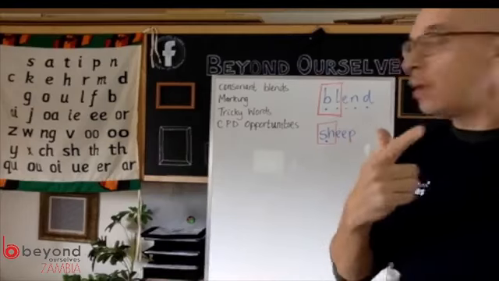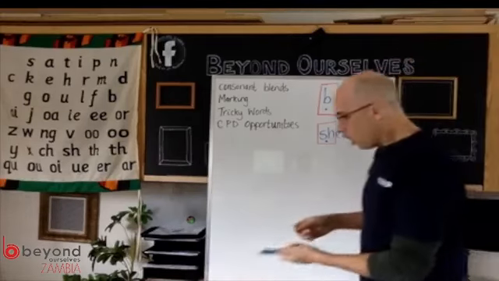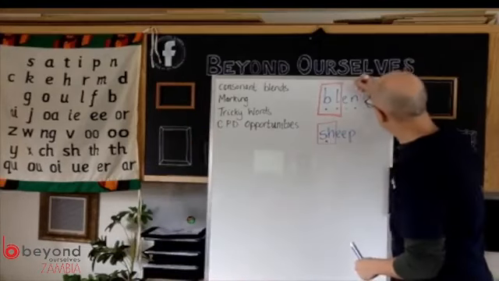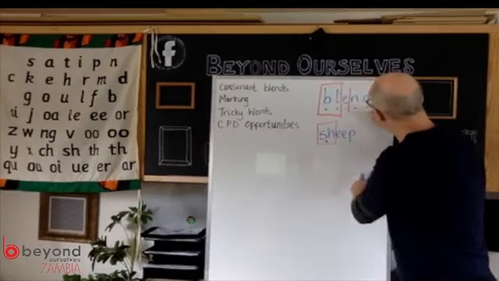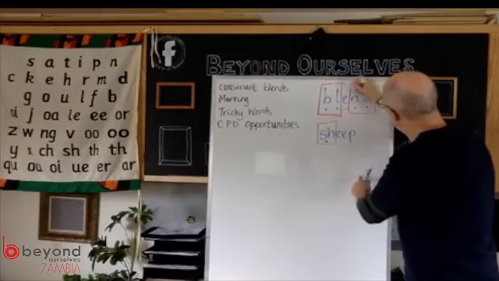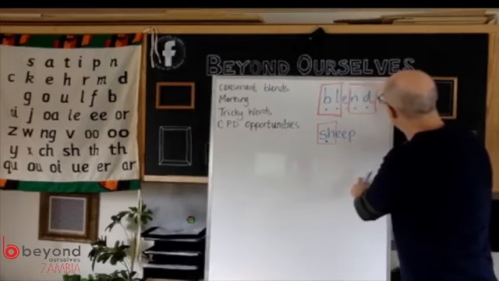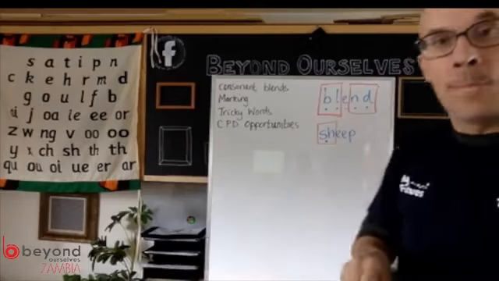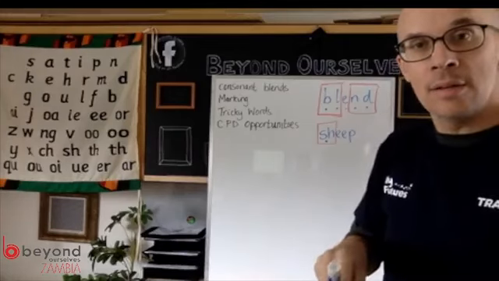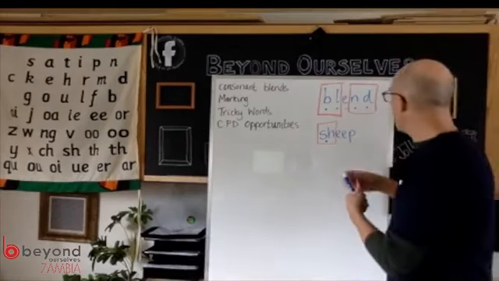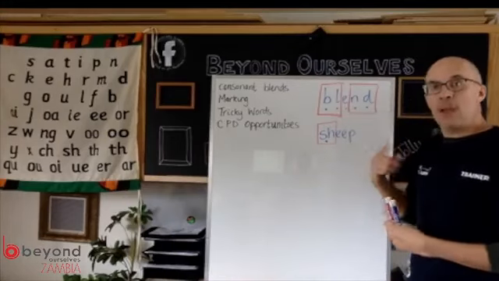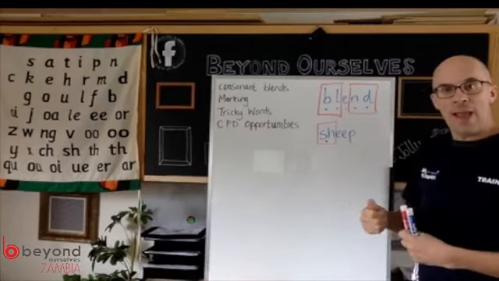So bl. Okay, so consonant blends are when we are practicing putting two sounds together. You can still hear both sounds, but it helps us to read more quickly because we can go bl, and when we've done that, it helps us to read and hear the word blend more easily. Blend.